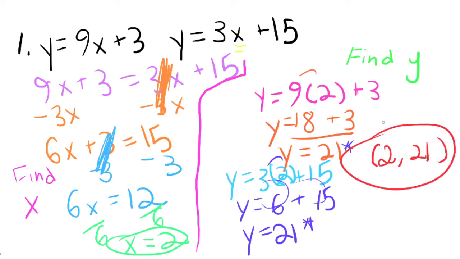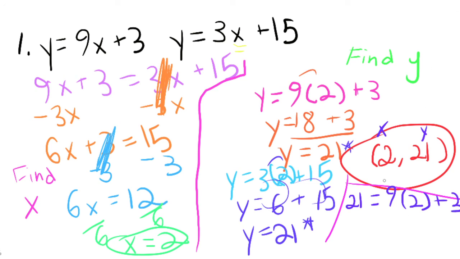Now, that's the basic stuff, but if I wanted to check my answer, all I'd have to do is, I'll just do another border. I'd go back to these base equations, and I'd write in 21, which is the y value, equals 9 times 2 plus 3.